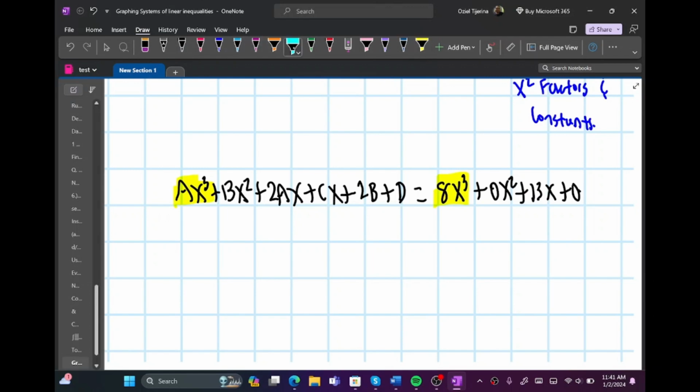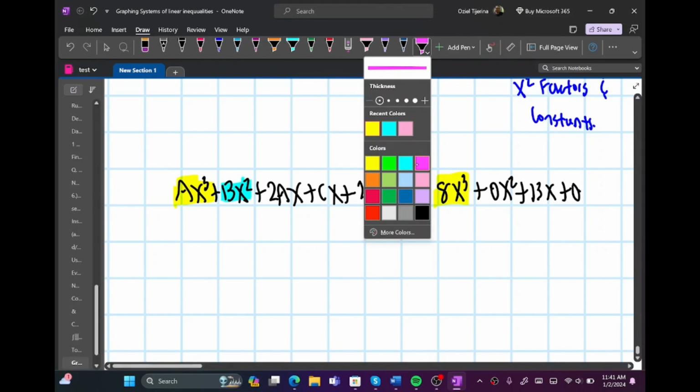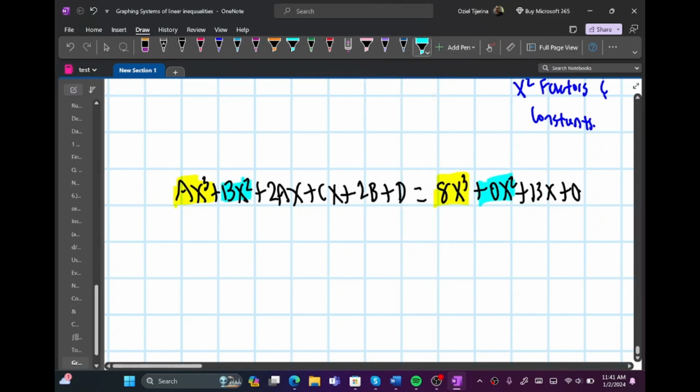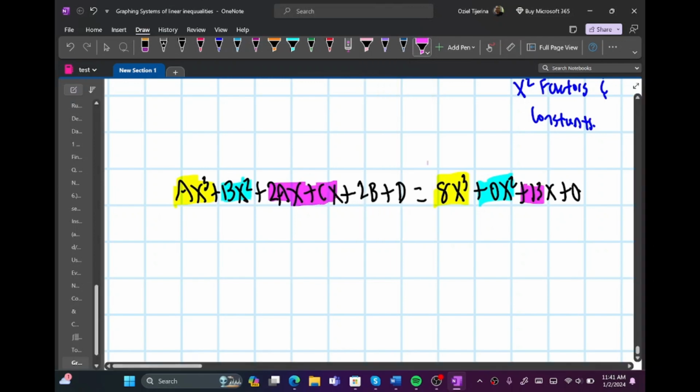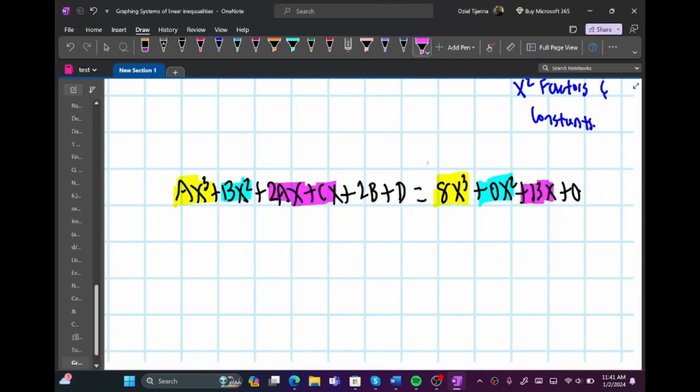So we have ax cubed, bx squared, and then, let's see here, actually, hold on, it's like this, and then 2ax is this one, 2ax plus cx, because obviously it has x's there.